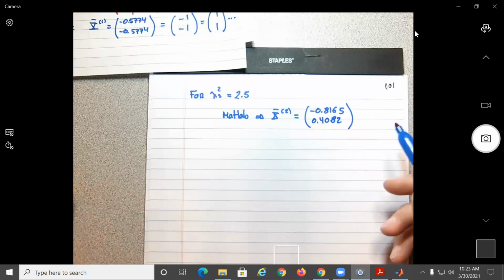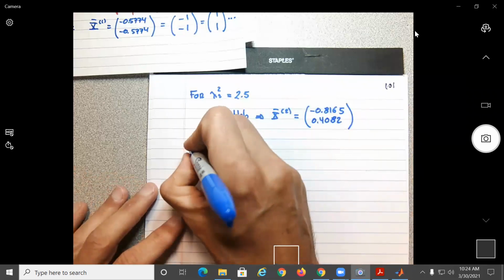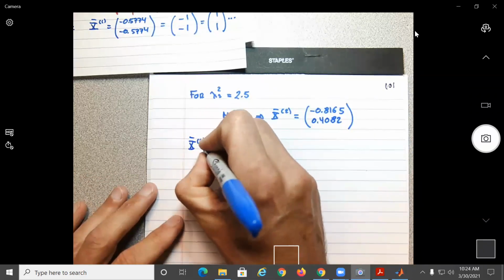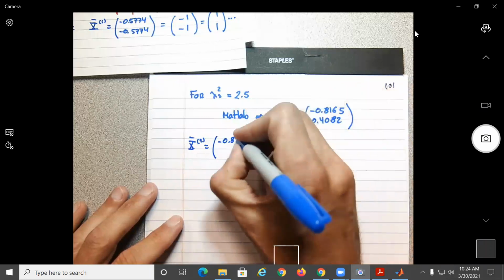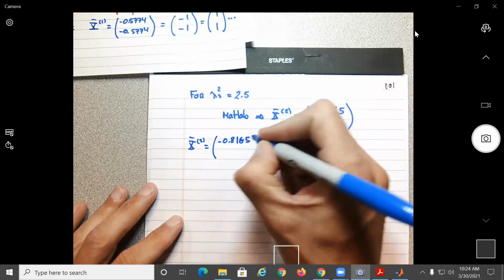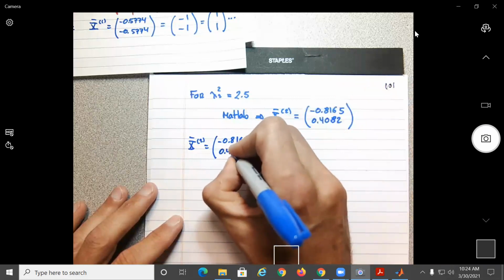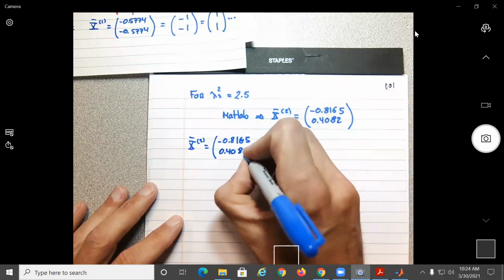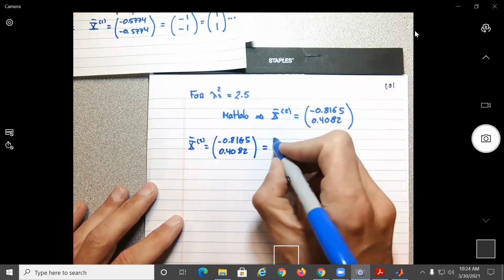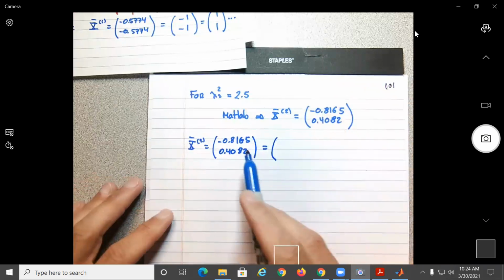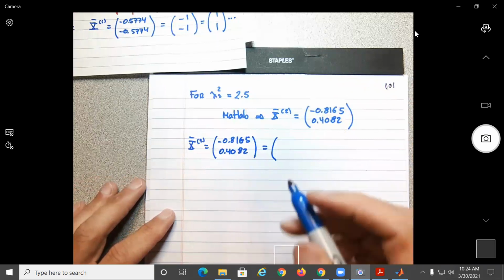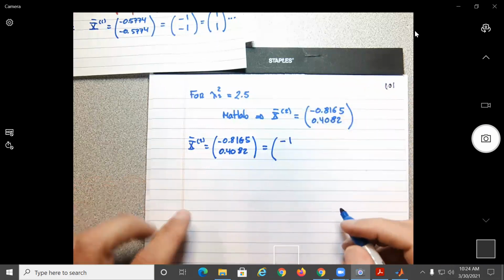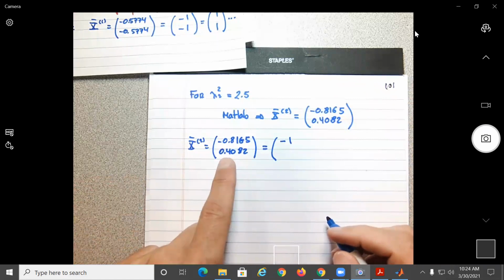So what can we do over here with this one as well? Okay, let us divide both of them by 0.8165. What are you going to get? Minus 1. And really this one, if you pay attention, is actually half of this one, no?